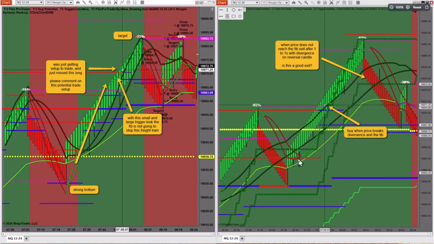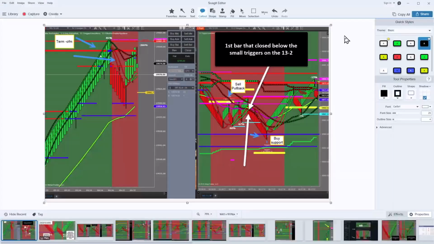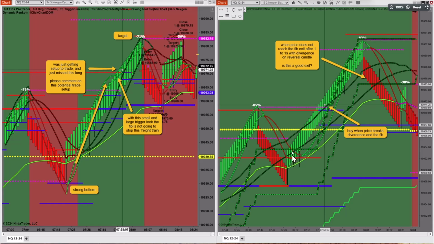And then notice if you were going to buy down here, the same thing I just posted in that other picture for Jen. Just take a look at the logic here, and I posted the picture in again. Once we start closing above the small triggers, this is the first spot where you get the opportunity to go long probably a little more safely over here. And then ultimately, you get to fibs with weak triggers, and that's the end of the party.